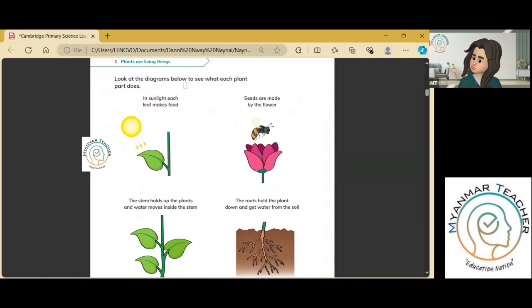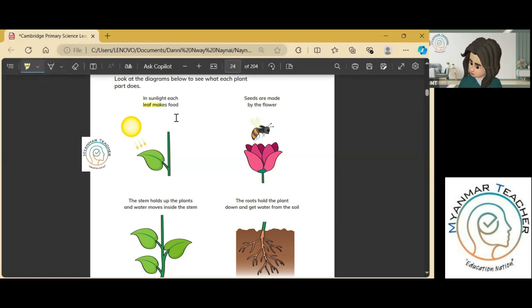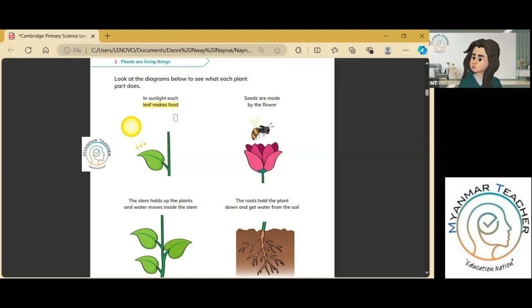Look at the diagrams below to see what each plant part does. In sunlight, each leaf makes food. So the leaf makes food. That's its job. Seeds are made by the flower. You see the bee? The bee is very important to plants and flowers because they pollinate, carrying pollen on their little legs, though you can't see that in this picture, from other plants to bring here, which is very important.